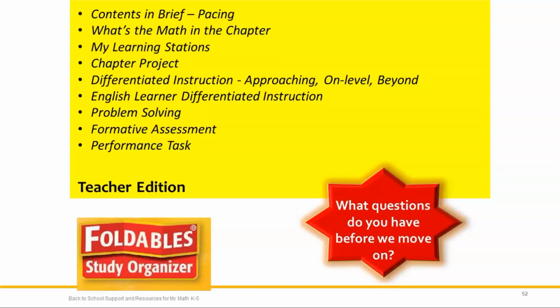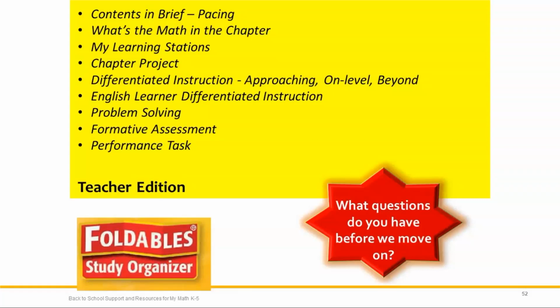You saw differentiated instruction, always after part 4 of the lesson, and multiple levels to form small groups. You saw English learner differentiated instruction on those pages as well. You saw that you have problem solving in every lesson, but you also have a problem-solving lesson in every chapter.